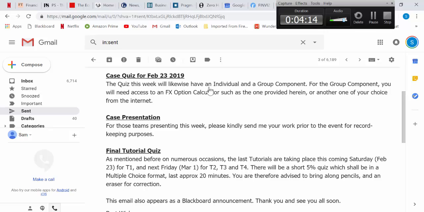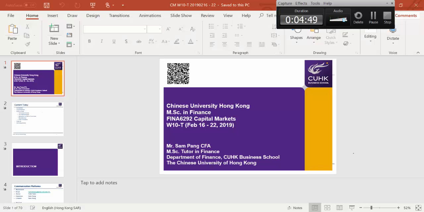They're going to be different anyway, and it benefits nobody. It doesn't benefit the person telling, and it doesn't benefit the person receiving the information. The quiz will be in a multiple choice format next Friday, when we meet here for about 20 minutes. So please bring along a pencil and eraser. Is everyone okay with that? Yeah? All right.